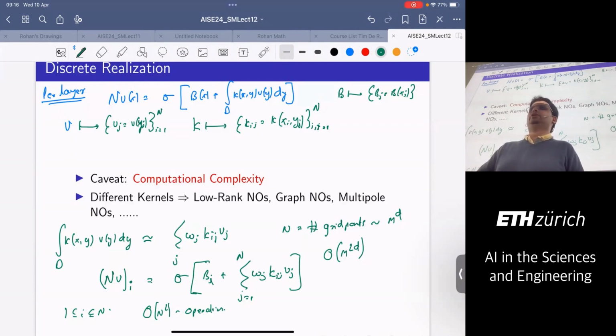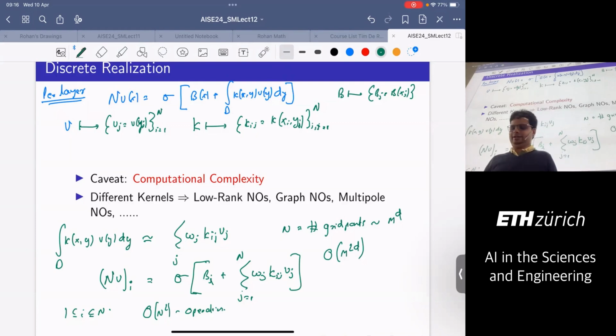So per layer, it is going to be 100 million. And if you have 10 layers, it will be a billion operations. And this is already on a very, very small grid. This is just the basic number, because you also have to evaluate the bias vector, you have to do this, you have to do that. The very basic number is already a billion operations for a very, very simple network. And that's unaffordable very, very quickly.